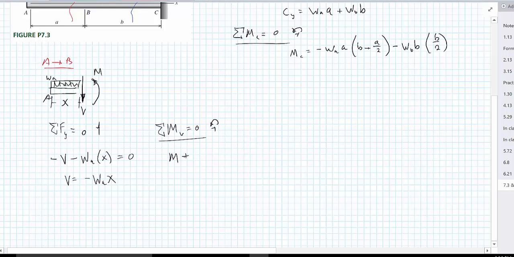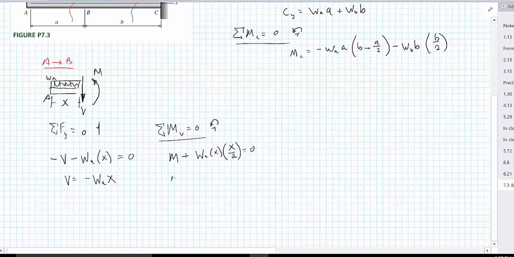But our distributive load, we're going to condense to a point load, which we already did in our shear. So it will be W_A multiplied by x, and the moment arm, because a moment is a force times a distance, and W_A times x will be our force, multiplied by the moment arm, which is half of the distance x, so x over 2, equals 0.